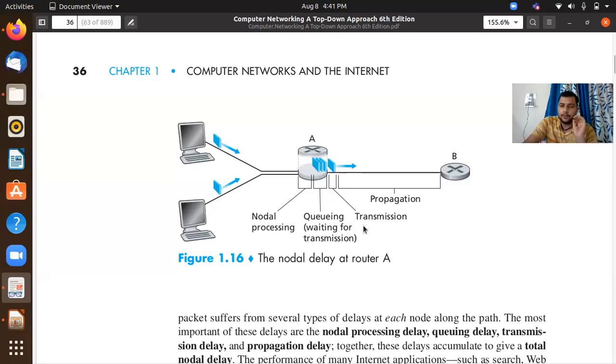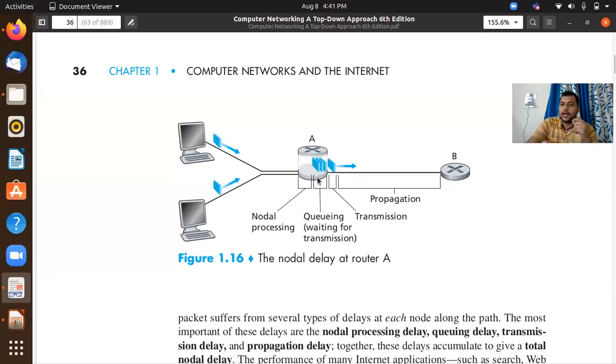Here, one more thing I want to introduce about packet loss, why generally loss happens. Because at this node A, the queue size is limited, and it may be possible that the incoming transmission speeds of these two devices may be more than the transmission speed of A. Node A is retransmitting the packets on its outgoing interface, but the speed at which the arrival is happening is much more, so there is a mismatch.